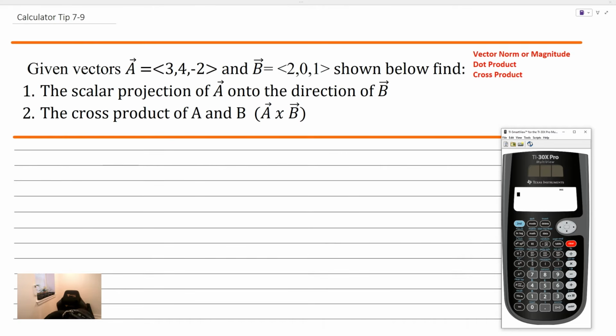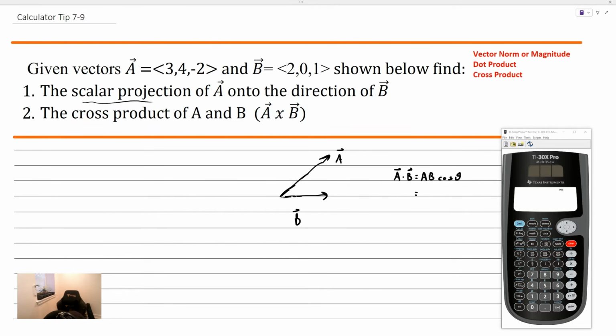When you're looking for the scalar projection of one vector onto another, if you have a vector A like this, and let's say you have a vector B like this, if you find A dotted with B, that's equal to the magnitude of A times the magnitude of B times cosine theta.